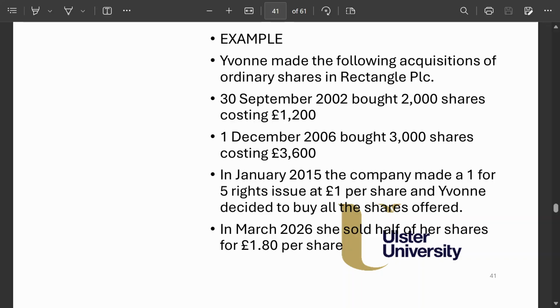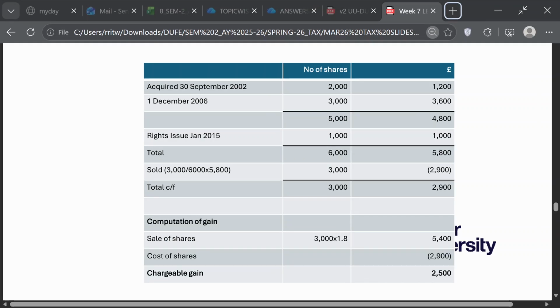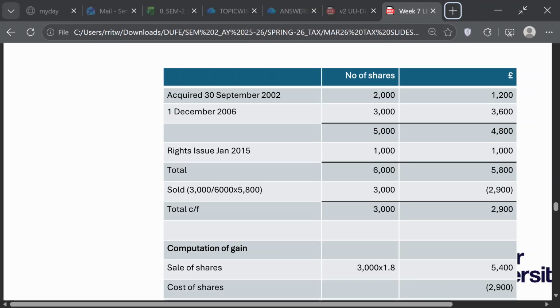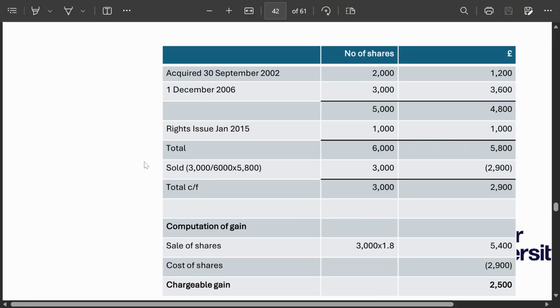Then she sells half the shares at 180. So you see the calculation. We can make this a little bigger actually, because the numbers are not big enough. You can see the full thing here. So that's her pool. She's got 5,000 shares at 4.8, and then she gets a rights issue. The terms of the rights issue are 1-for-5.